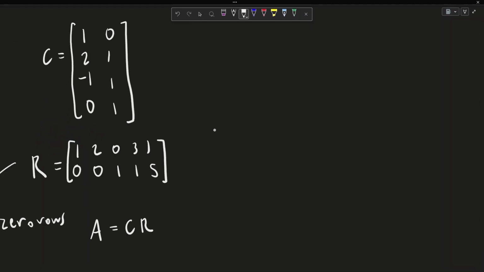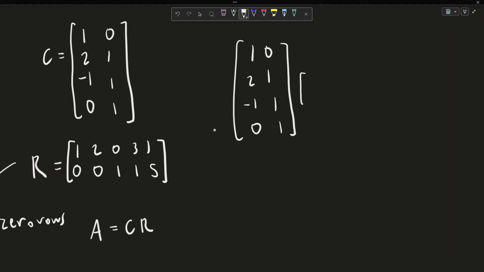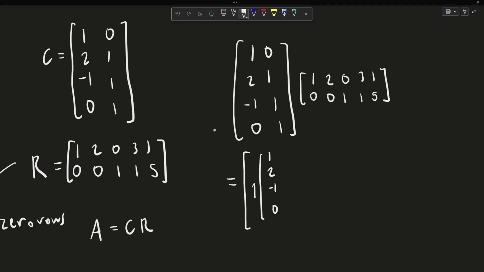So if we take C multiplied by R, we obtain this. Our final matrix should be of dimension 4 by 5. The first entry into this matrix is 1 times the first column, and then 0 times the second column, so we'll leave that as 0.